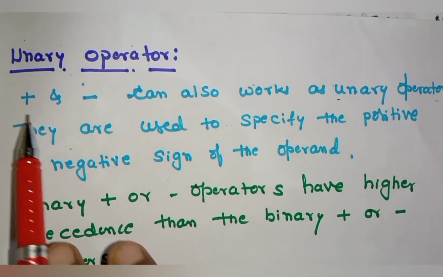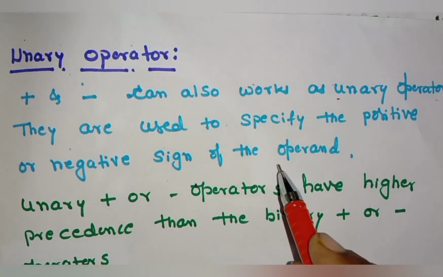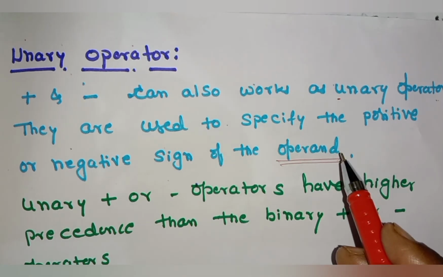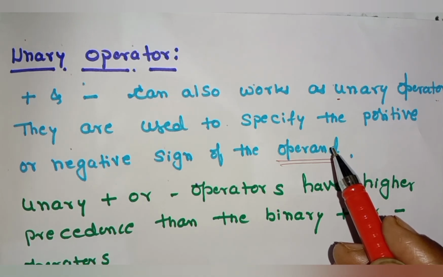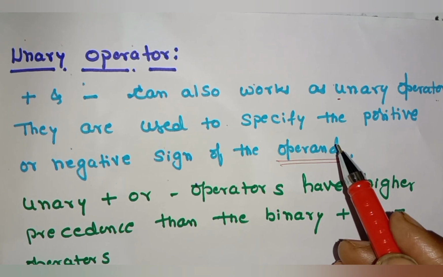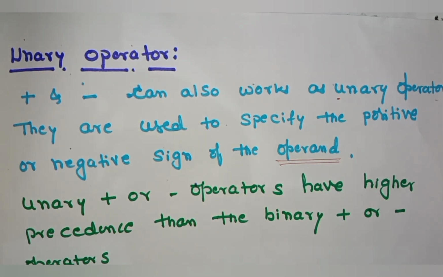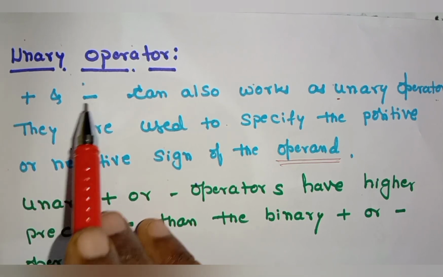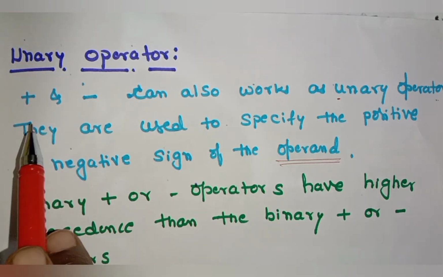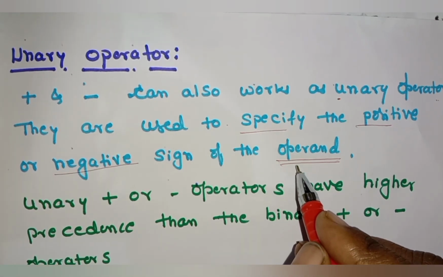When you use plus and minus as unary operators, they specify the positive or negative sign of the operand. Initially we studied that operators are divided into two types, binary and unary. Binary operators use two operands. All the arithmetic operators are binary operators, whereas the plus and minus symbols can also be unary operators, used to specify the positive and negative sign of the operand.